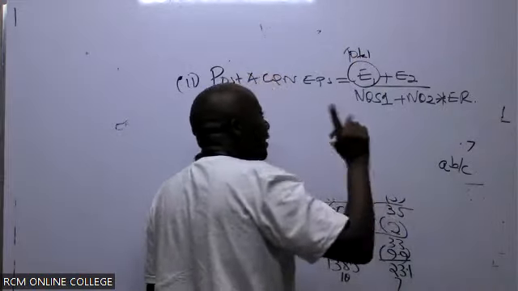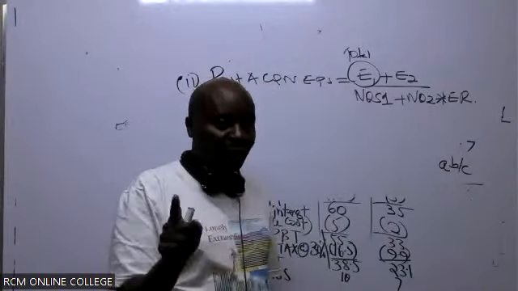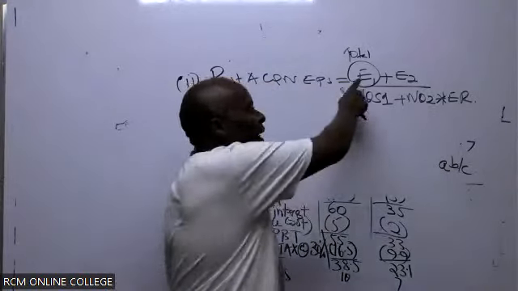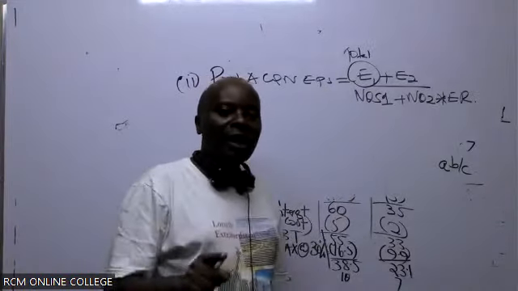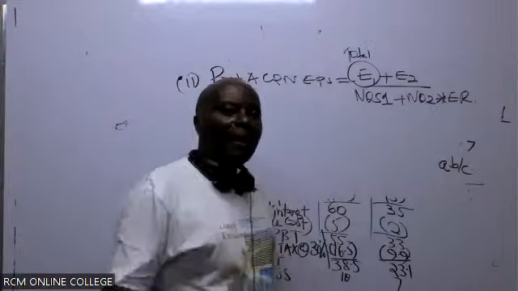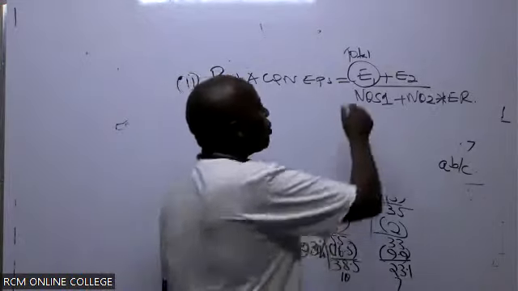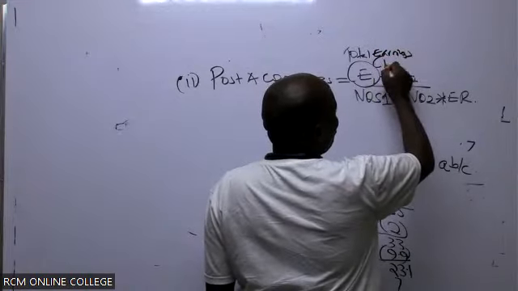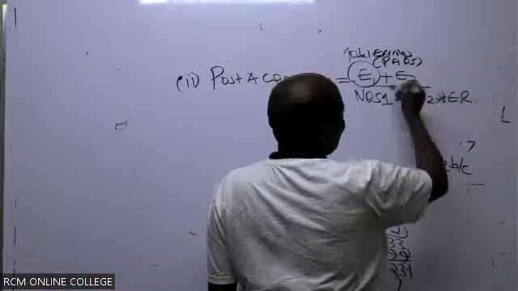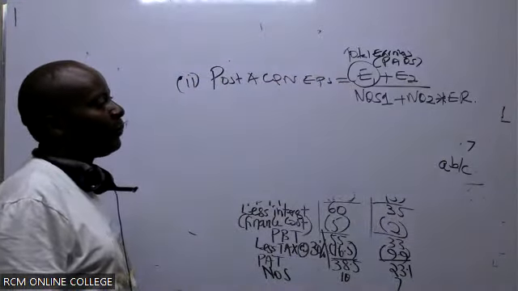Over 30% of the candidates who write this paper always take this as EPS, and then they get a zero, they fail. And then they keep on blaming Kasneb, blaming everybody else except themselves. So this is total earnings, what we call the PAOS, profit attributable to ordinary shareholders.